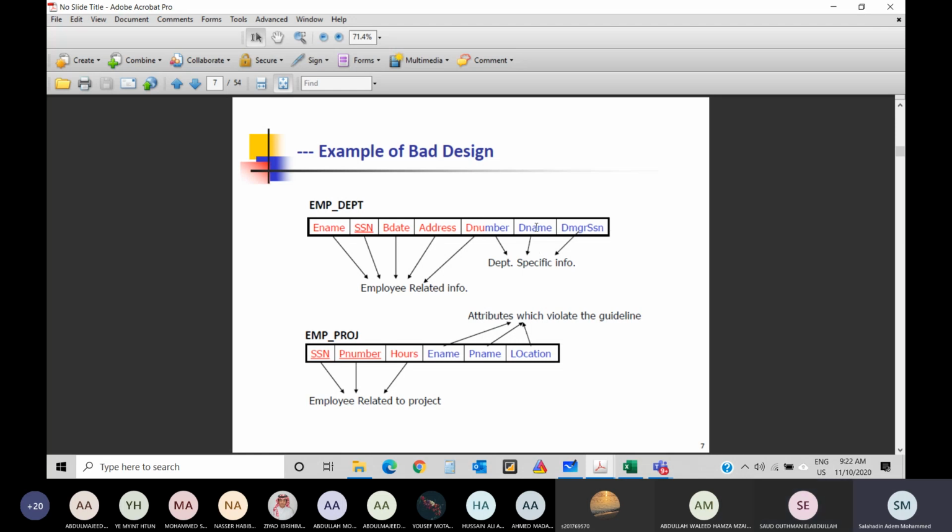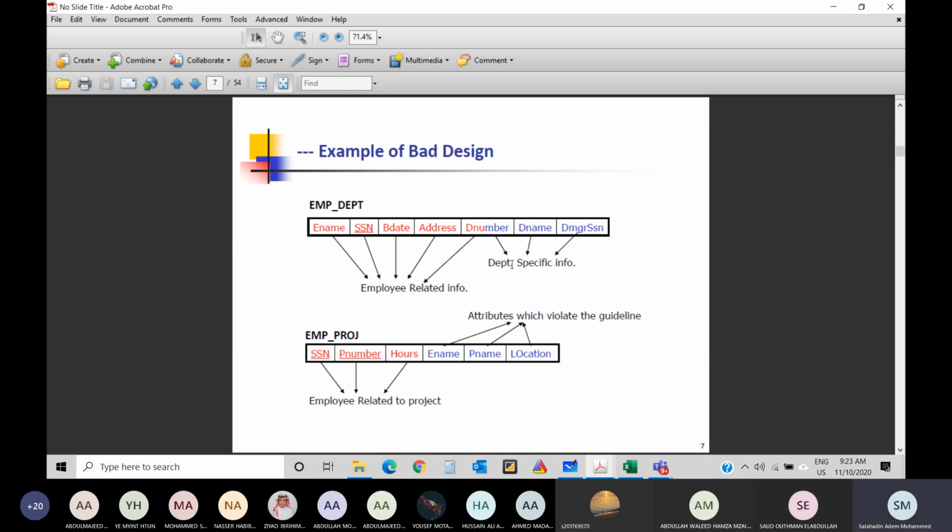Let's take 10 employees who work in department number 1. The name of the department is research. Let's say his ID is number 1, his name is, for example, Mr. Salah, his SSN equals 1. His birthday is so-and-so. His address is so-and-so. His department number is 1, his department name is research, and his manager is the guy whose ID is 22.